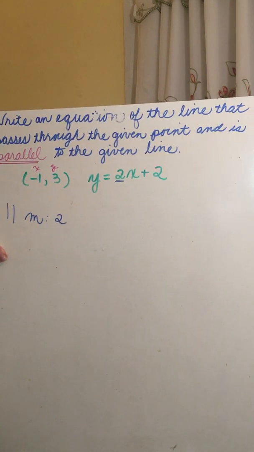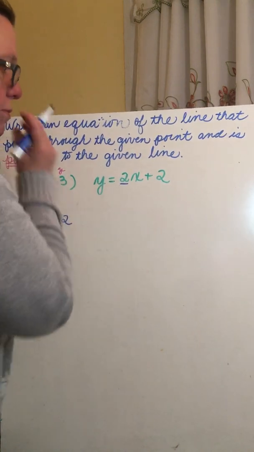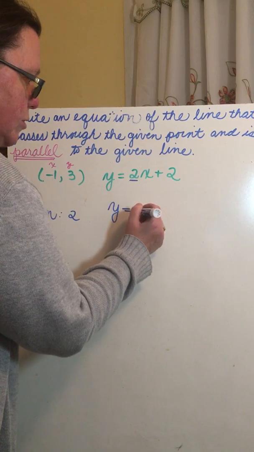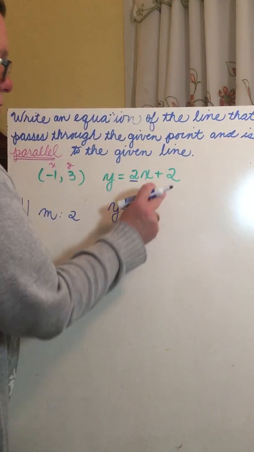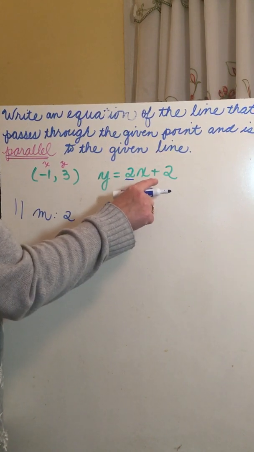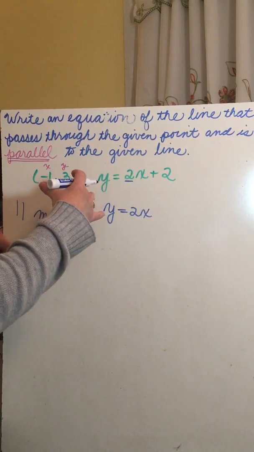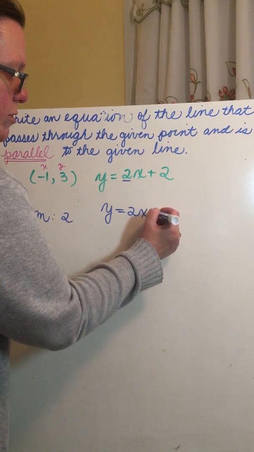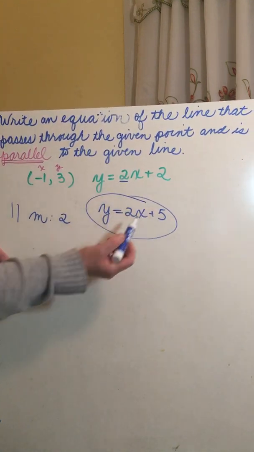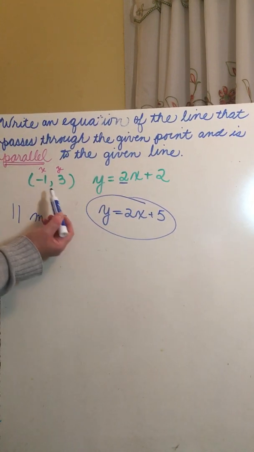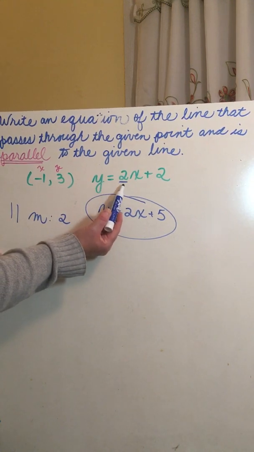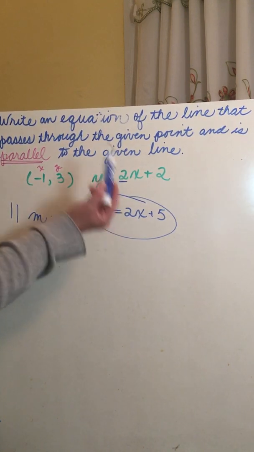Again, it's going to be in slope-intercept form. The slope is 2, and we're going to disregard this positive 2. This is the y-intercept from the given line. Our new y-intercept is positive 5. And so this is an equation of the line that passes through negative 1, 3 and is parallel to y equals 2x plus 2.